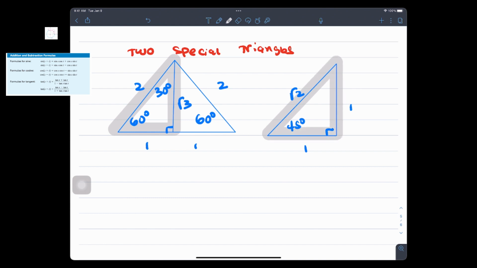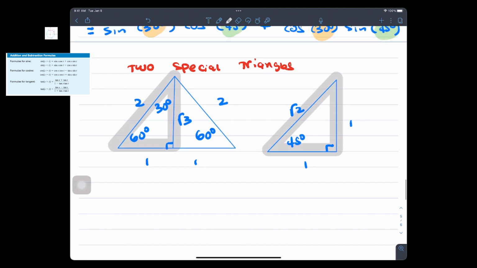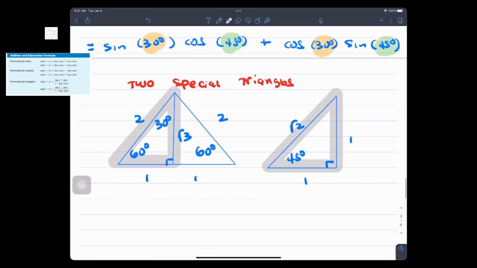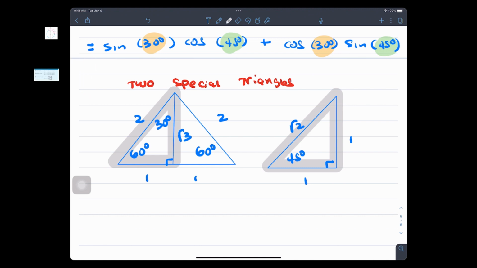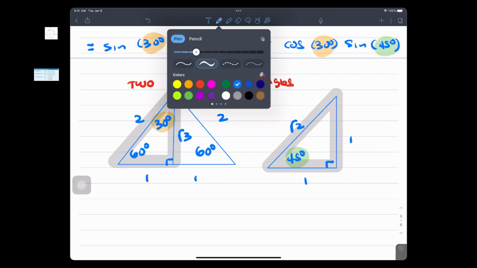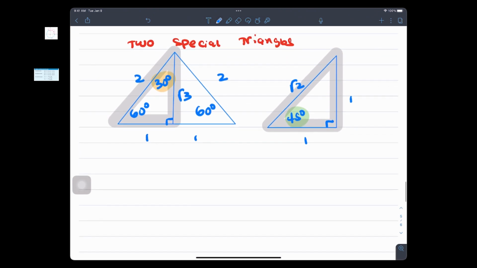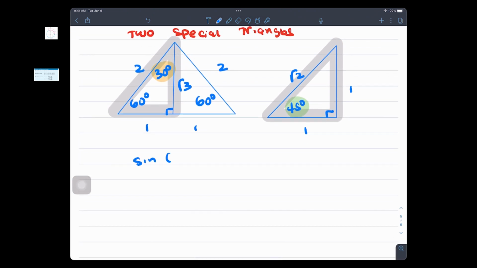So, ladies and gentlemen, this is kind of the deal, right? This goes back to the exact values here. This goes back to the two special triangles you need to know, like you know your name. What else do you guys have to know? Do you remember? After you have this, I think you have to know the ratios. Is that true? Can you tell me what sine of 30 degrees is?